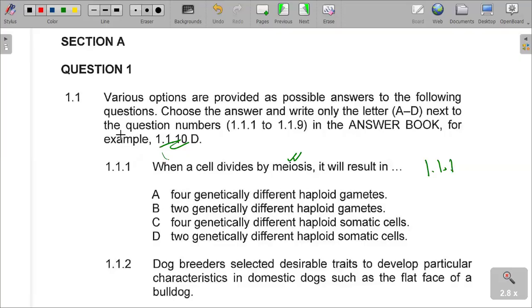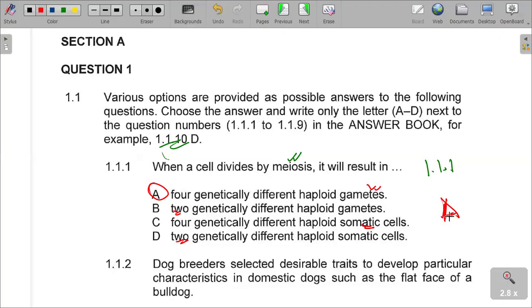Option 1, two genetically different haploid gametes; we don't have two. Four genetically different haploid gametes. Four genetically different haploid somatic cells; we don't have somatic cells, but we do have gametes. Two genetically different gametes; we don't have two. So our answer in this regard is A. Our 1.1.1 is A.